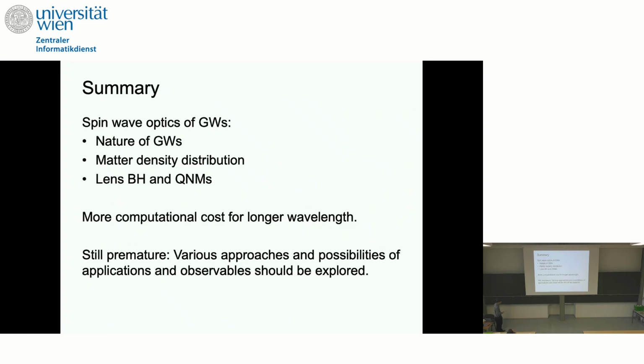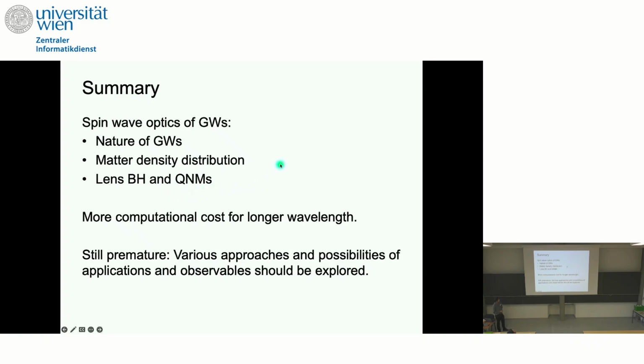So this is a summary. We are interested in the spin effect and the wave effect in gravitational waves, because they are the nature of gravitational waves, and they would provide information on matter density distributions, the lens black hole, and quasinormal modes.